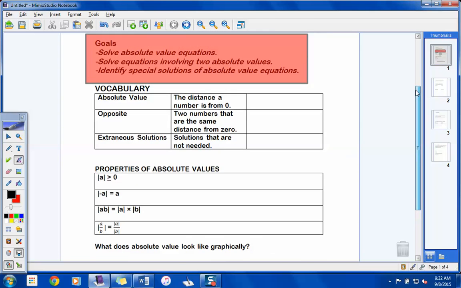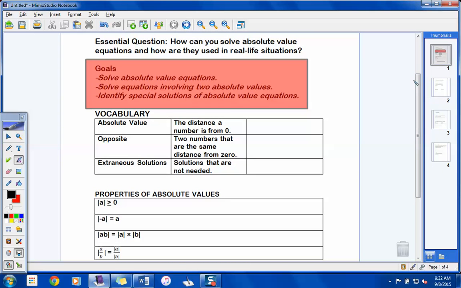So how do you read that? Somebody said they're in bars. If I write something like this, it simply says, what is the absolute value of 6? That's asking how far away from 0 is 6? What are you going to write then, guys? That equals 6. What if I put this in here? Absolute value of negative 17.